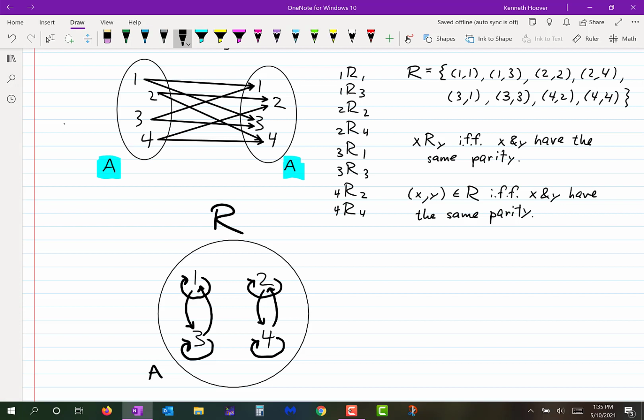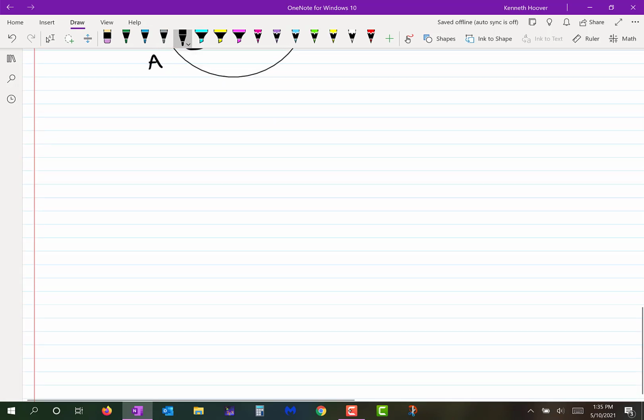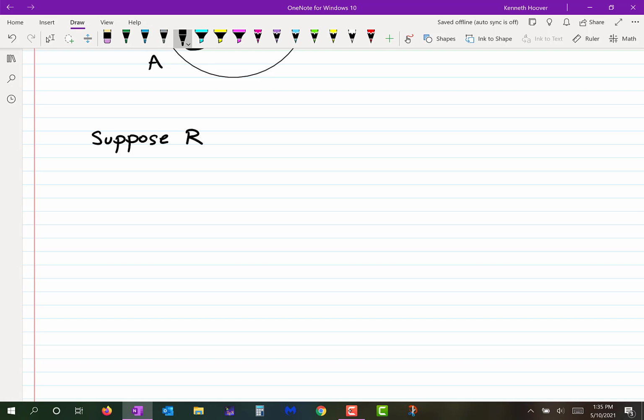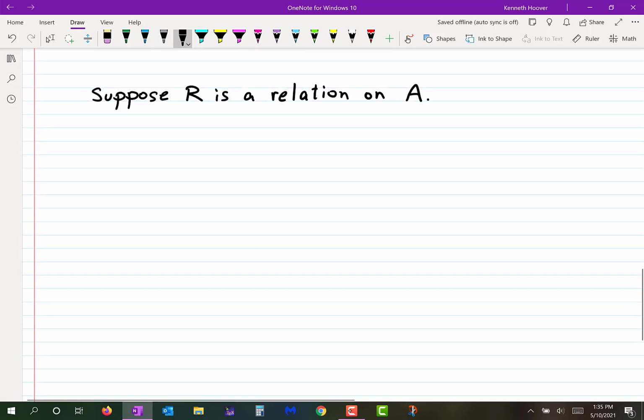Now, let's get a little bit more specific. Suppose R is a relation on A. There are some adjectives that R might earn or it might not.